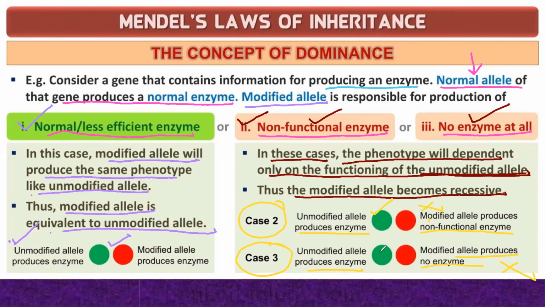So the organism is totally dependent on the unmodified allele, that is the dominant one. This is why certain genes are dominant in nature, because of their functionality. If the gene is not functioning properly, then that gene will be categorized as recessive gene and the other gene is called dominant gene.